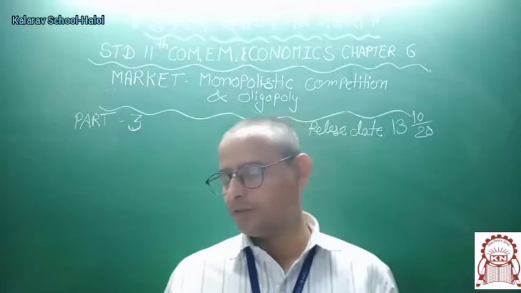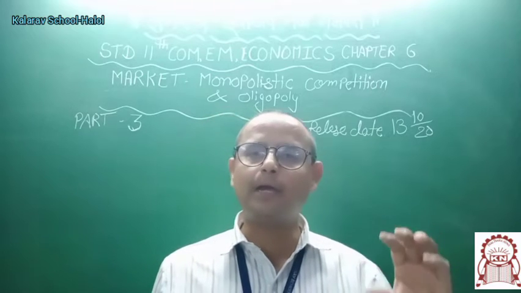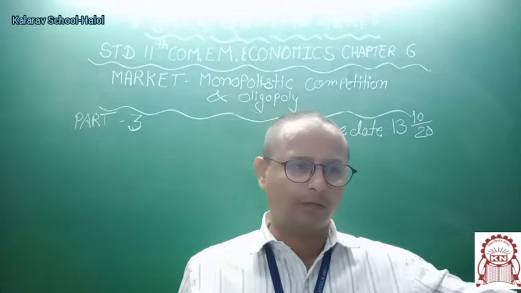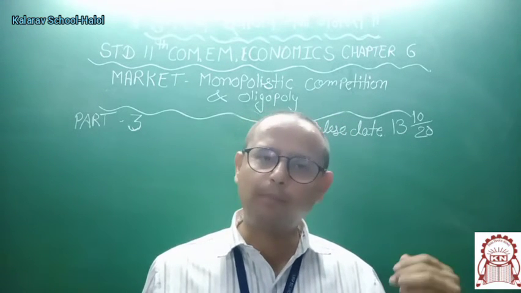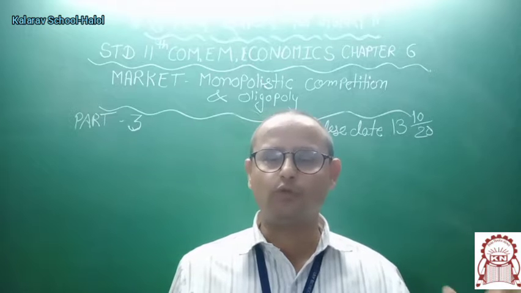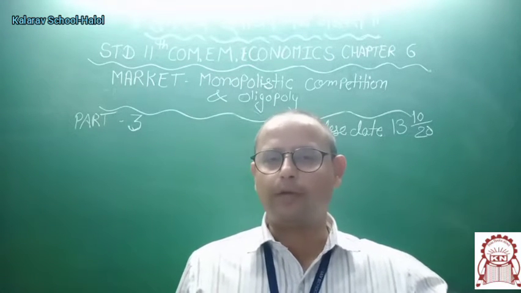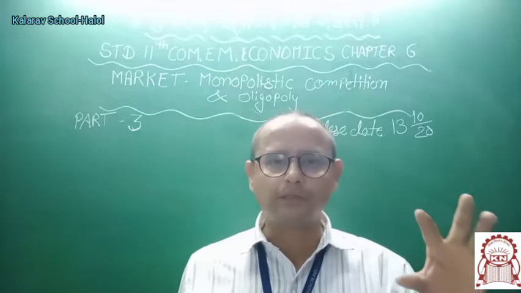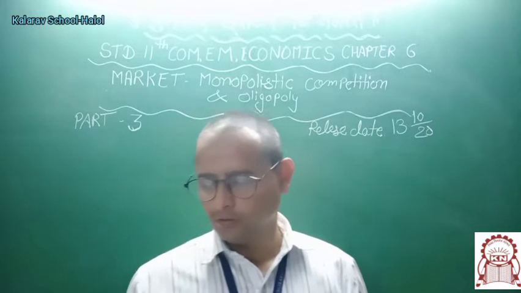Next feature is product differentiation. See, in monopoly, the same kind of product you see in the firm, because only one firm is there, and in perfect competition you will see the product, same kind of product in different form, okay, or different sellers. But here little variety you will see here, okay.